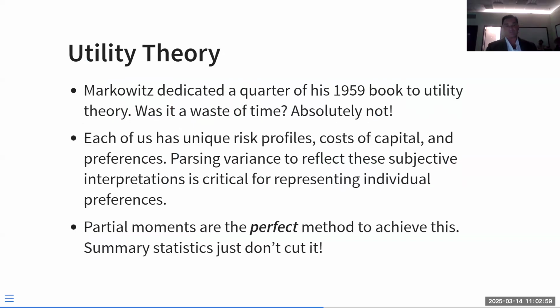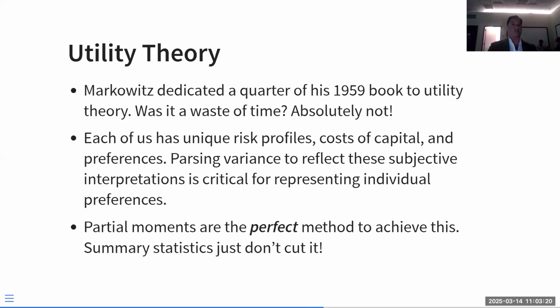So partial moments also are very big in utility theory. I've written several papers on expanding partial moments use in utility theory. It's important. Markowitz in his book dedicated a quarter of his book to utility theory. It wasn't just to fill pages.